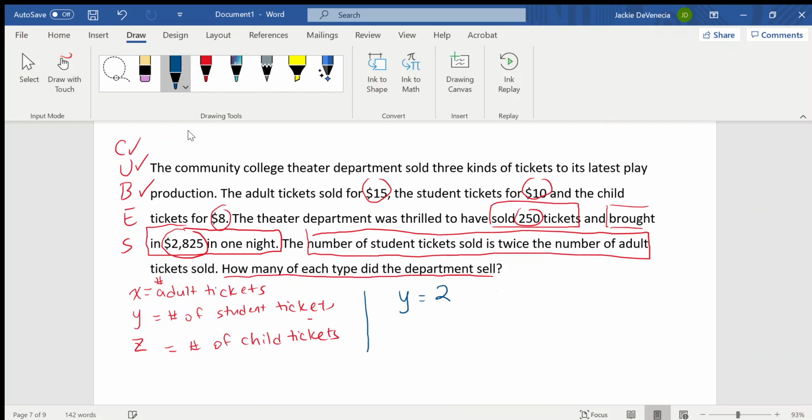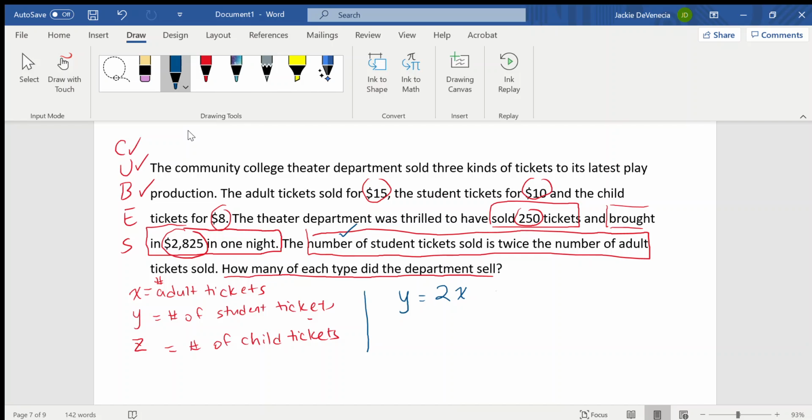So 2 times the number of adults, 2 times X. So the number of student tickets, Y, is 2 times the number of adult tickets sold. That's how you write this chunk of information as an equation.